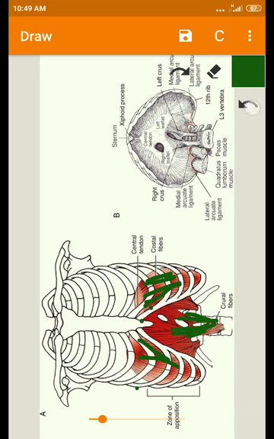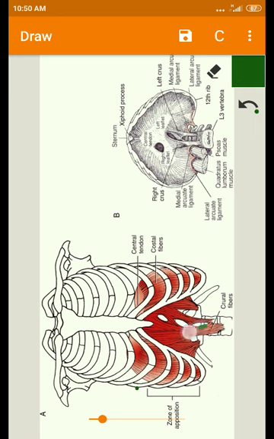The muscles present on the dorsal portion are called crural fibers, and the muscles present ventrally, on the anterior side, are called costal fibers. So there are two different types of fibers.